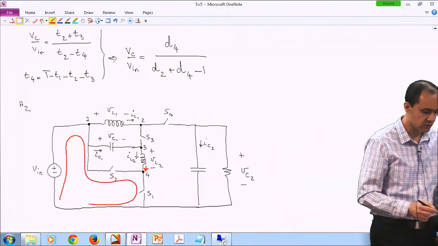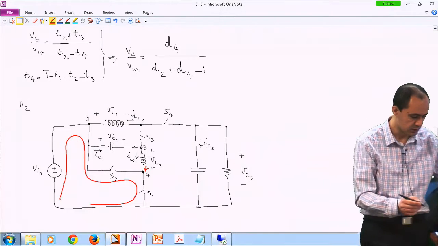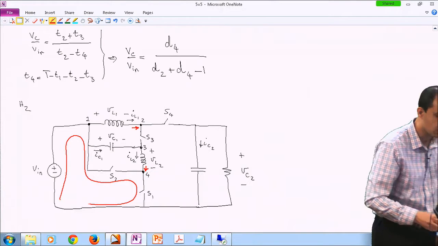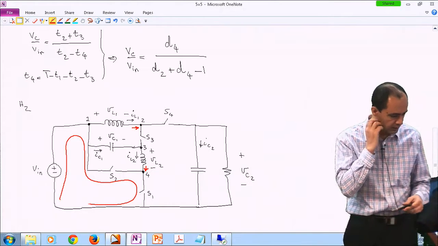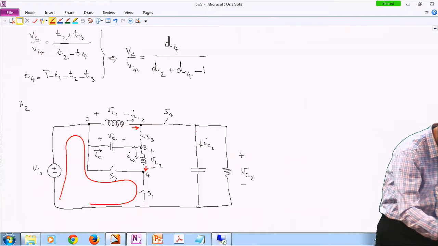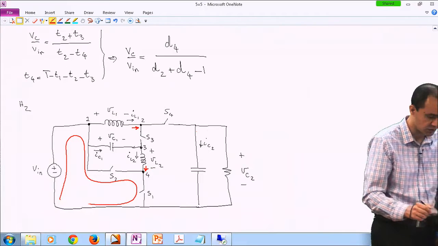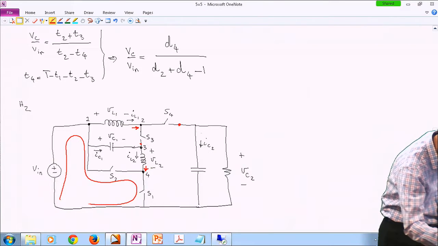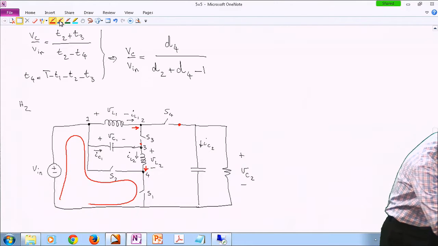If you look at S3 and S4, which are also complementary switches, you can see that there is a stiff current going into the pole. And the other thing is the voltage: you can find a path of stiff voltages connecting the throws. So if this is one of my throws and this is the other throw, let me do a different color.